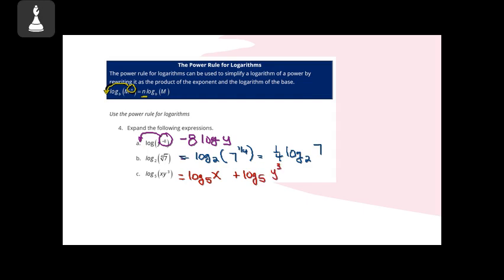So the power rule is always kind of the last thing you're going to do when you have more than one piece inside. I can't do anything with this first one. It's as it is. But the second one, I can bring that 3rd power down. So 3 log base 5 of y. So sometimes you're going to see a combination of them, and we need to work with them combined.